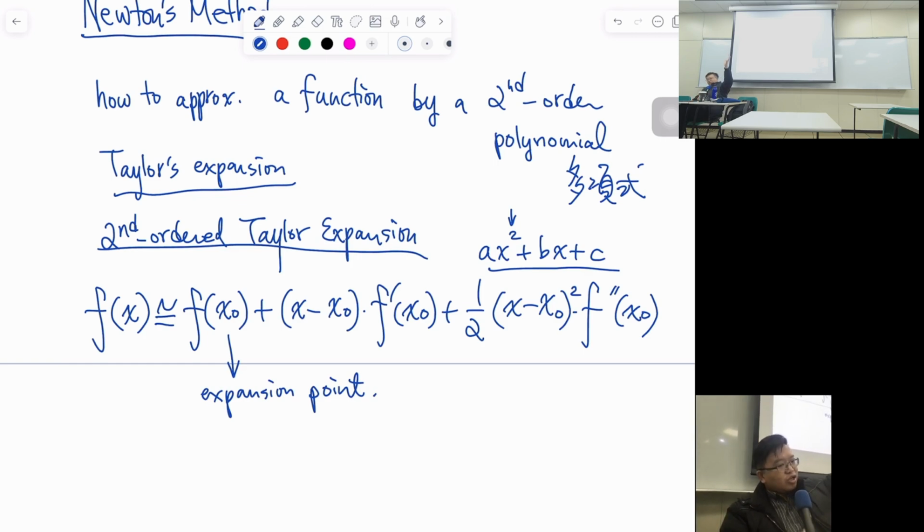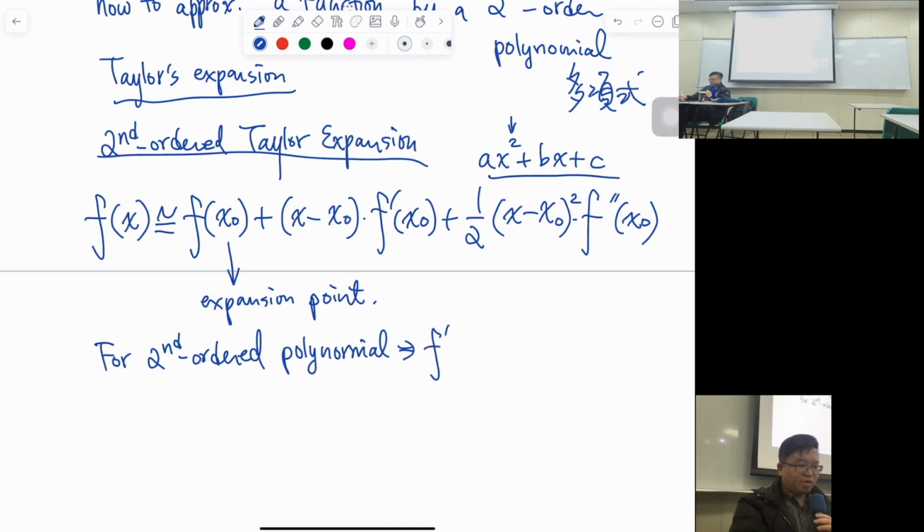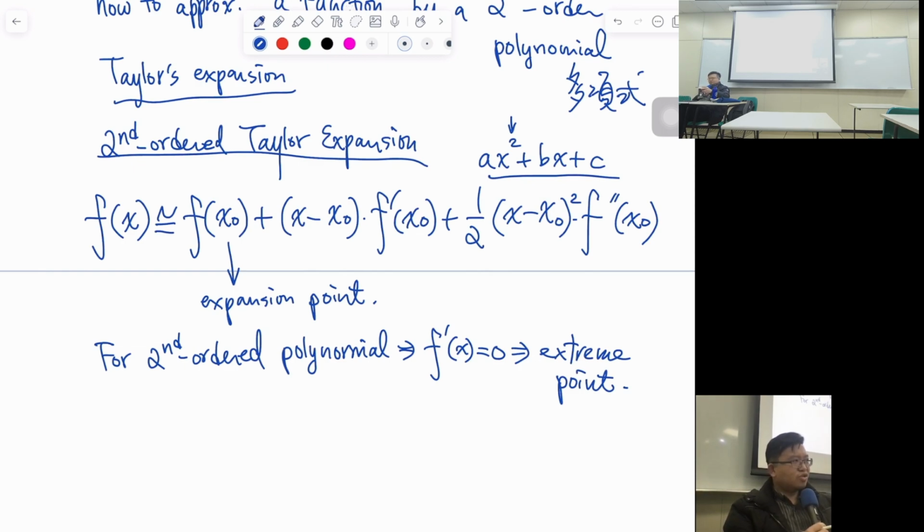Because for a second order function, there is always an extreme point. So for a second order polynomial, f prime equals 0 guarantees an extreme point, right? This is what we learned in college or high school, right?